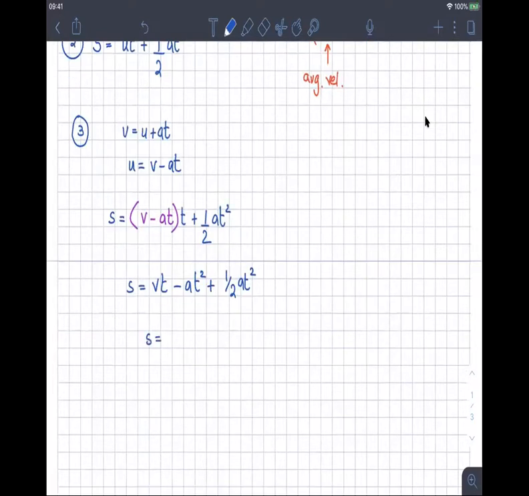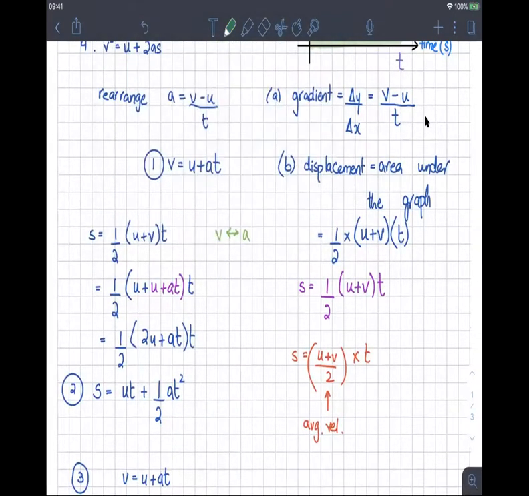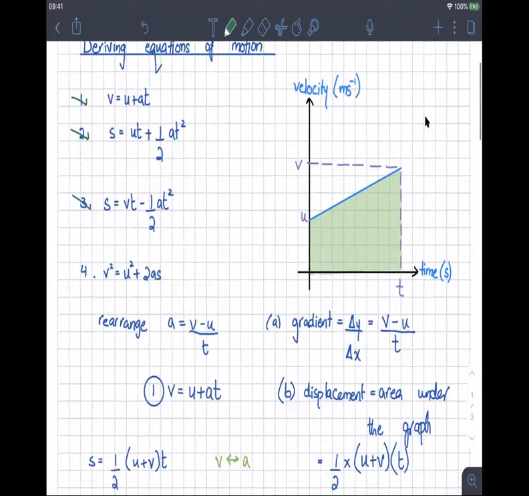And finally, that gives you vt minus 1 over 2 at squared. So it doesn't seem too complicated. We're done with equation 3 as well. And we only have to look at how to get equation 4.